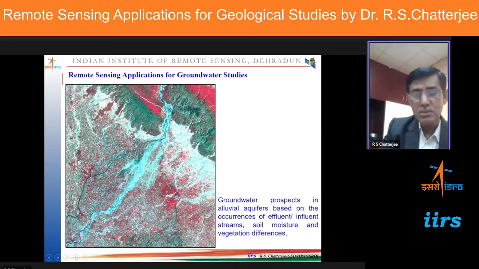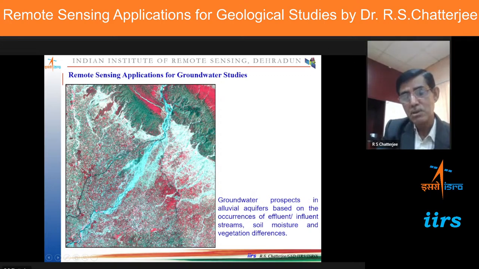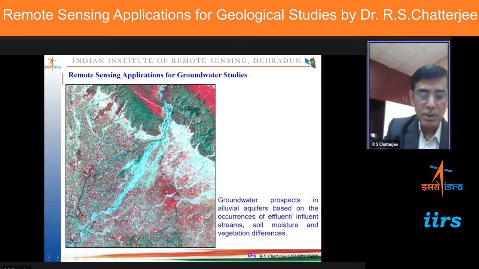In the Bhabar zone, what happens? A lot of water percolates down, but water availability is not near the surface. This water is flowing down as base flow. But if you come down to the Tarai zone, see there is a lot of soil moisture, a lot of vegetation. And also you see in this part of the river, there is no river water.